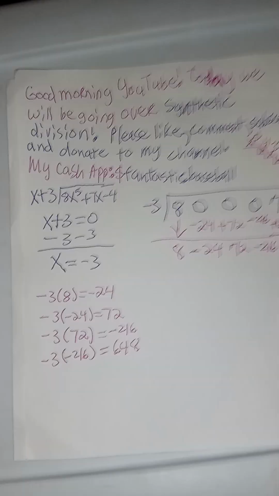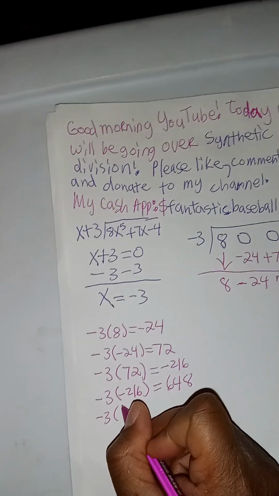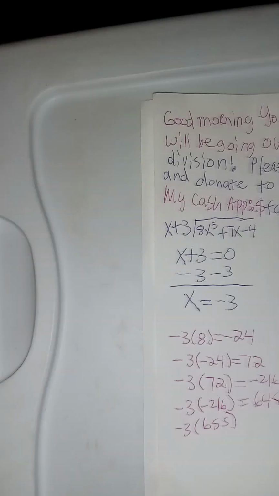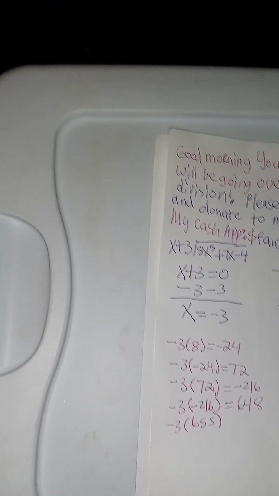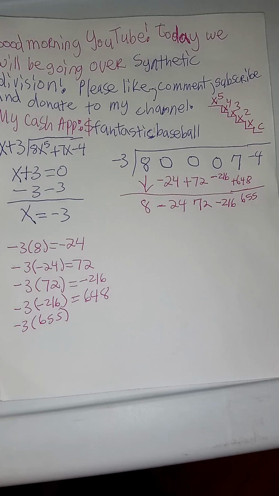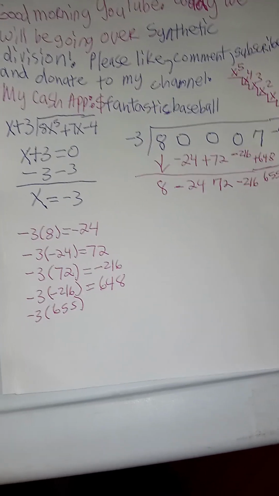Now, -3 times 655 is what? Grab a calculator: -3 times 655, and that should give us -1965.